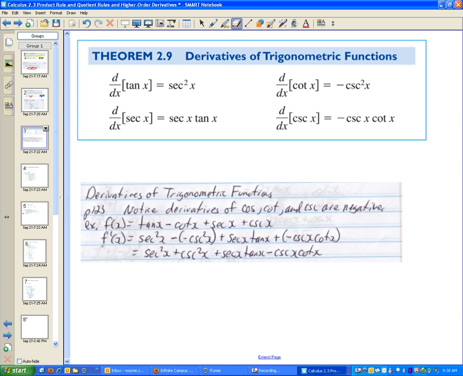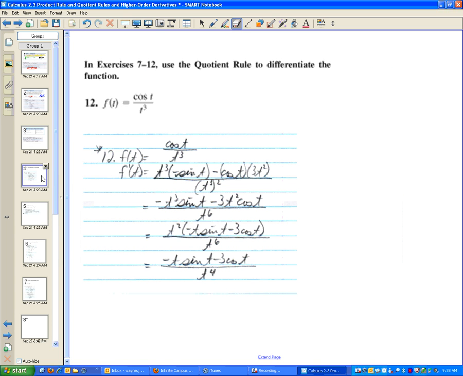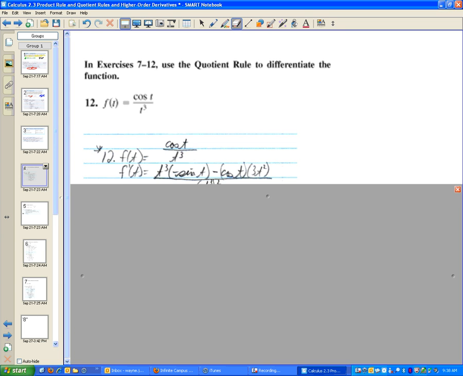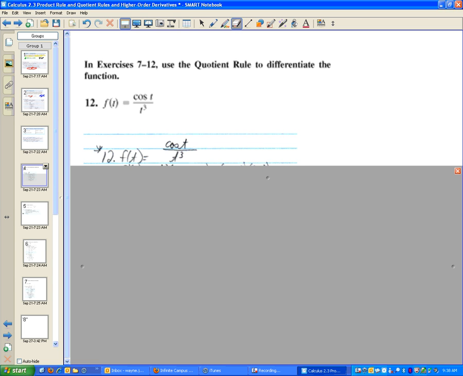And now let's work some examples from the book. Page 126, number 12. Use the quotient rule to differentiate the function.